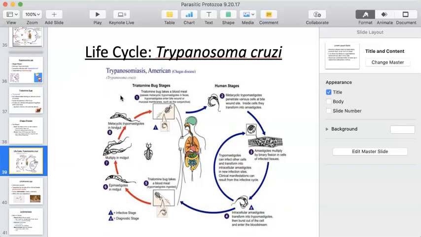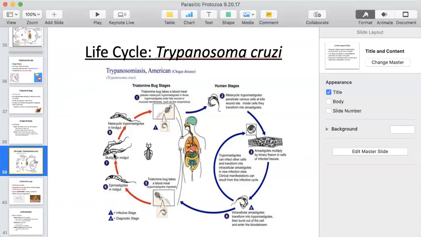When this bug bites the human in order to get a blood meal, the organism will be released into the human blood. Development will continue, and the cycle will repeat itself when the kissing bug takes another blood meal and takes up the organism.